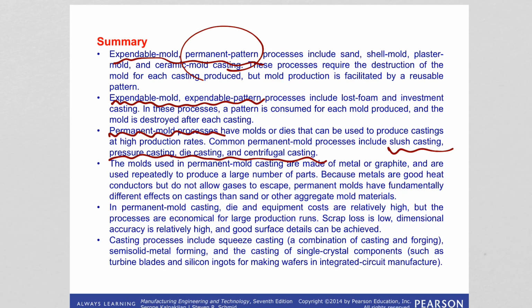And we end up with metals with good surface finish and high dimensional accuracy, which further makes it more economical to process and machine the parts after the casting is done. We have also learned squeeze casting and the casting of single crystal components.